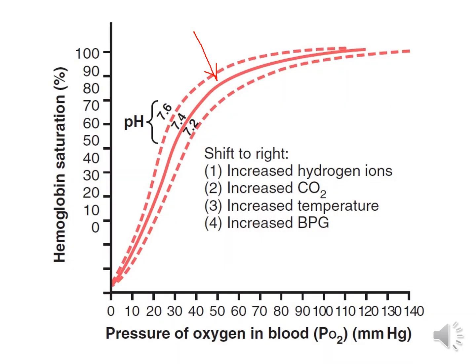This figure demonstrates the right shift and the left shift of the oxygen hemoglobin dissociation curve. The normal curve is the one in the middle. I put the arrow. It is the solid line.